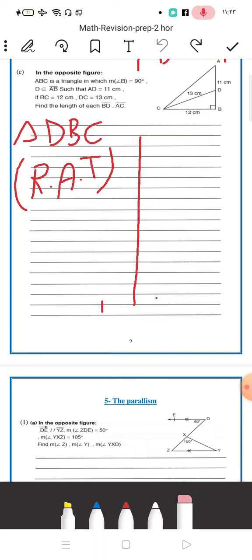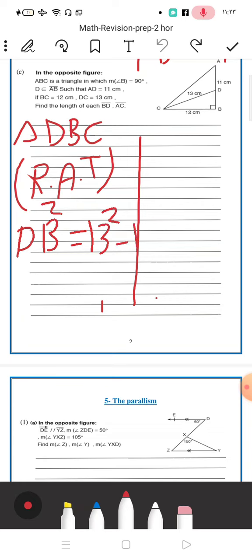We have the length of the hypotenuse and the length of one side of the right angle. So here we can say the length of DB to the power 2 will be equal to 13 to the power 2 minus 12 to the power 2.